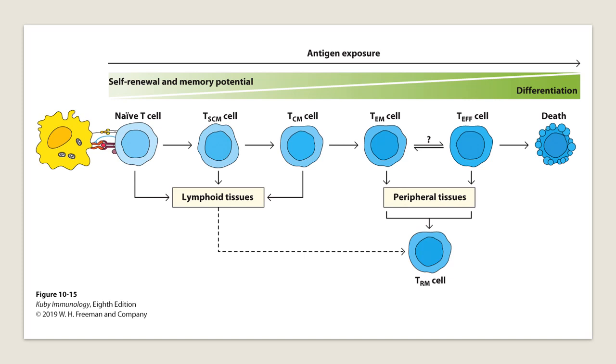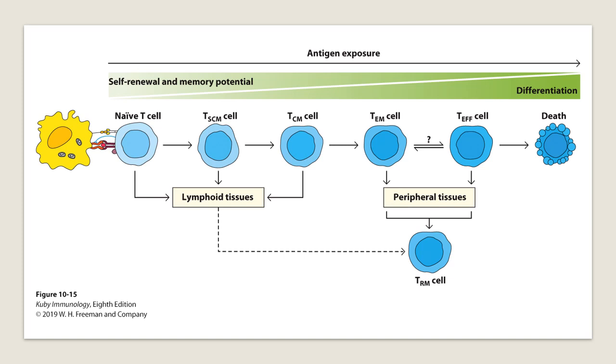Is it that the naive T cell has the least potential? The naive T cell is completely undifferentiated other than CD4 or CD8. Okay. For some reason I was thinking, doesn't it have the most potential? It has the most potential to become any of those particular T cell lineages.